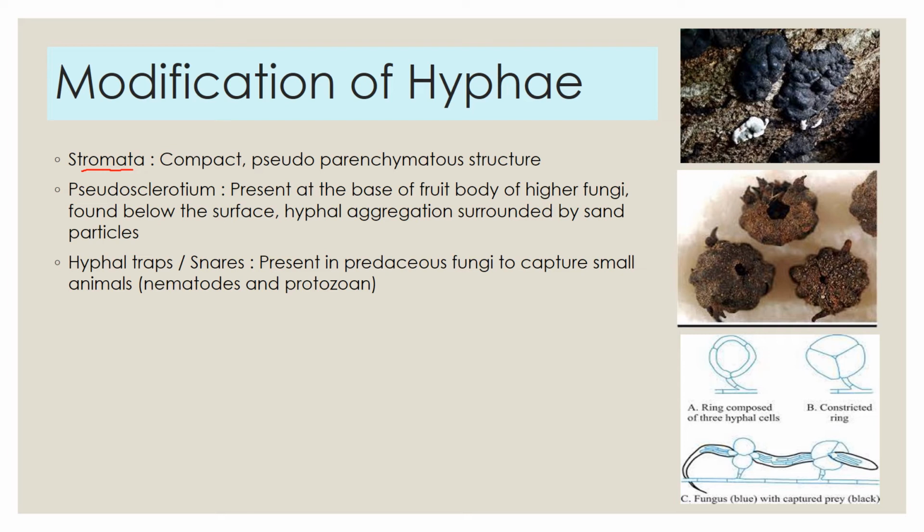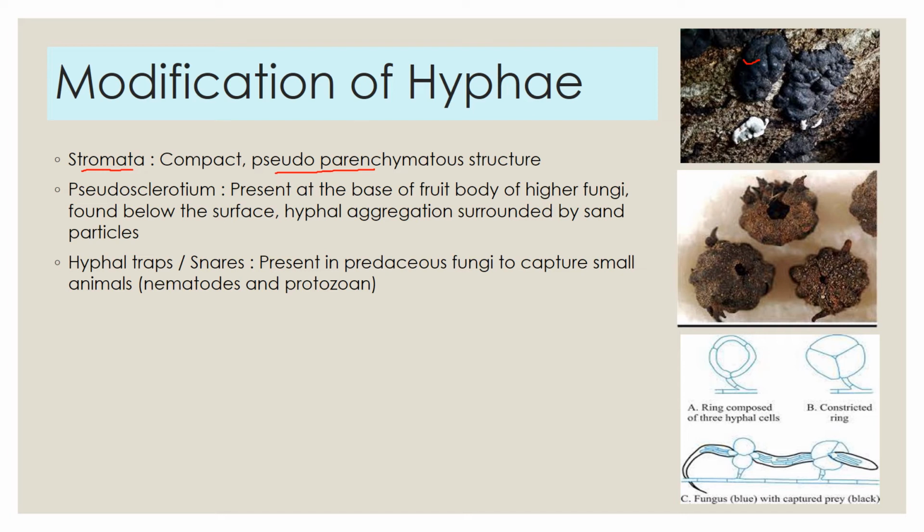The stromata is a very compact mass of hypha, and it is also pseudoparenchymatous, which means that there is fusion of the hypha. In the stromata, the outer layer hypha are dark colored, and the inner layer are light colored. So this is about the stromata.